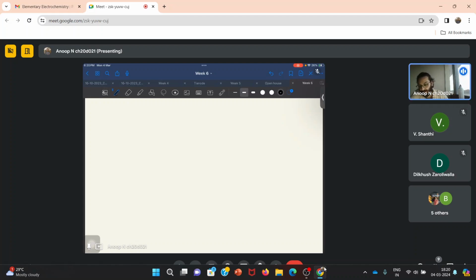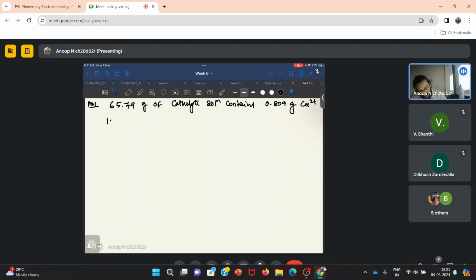So what's given in this problem? 65.79 gram of catholyte solution contains 0.809 gram of Cu2+, right?